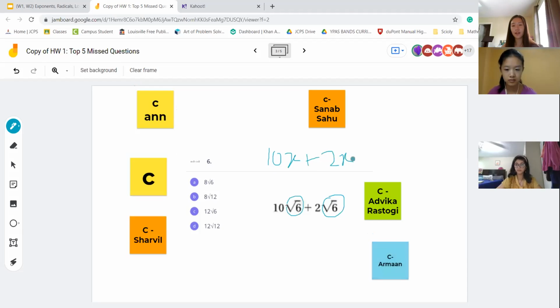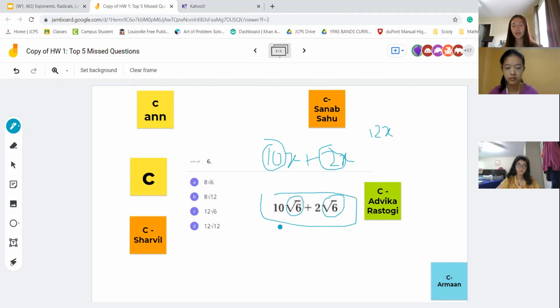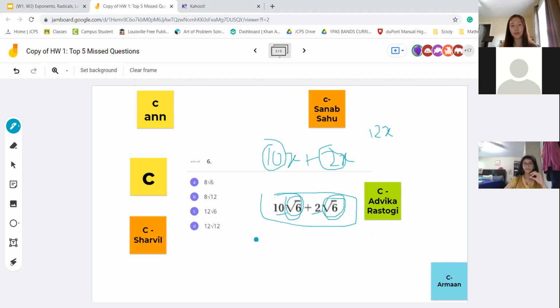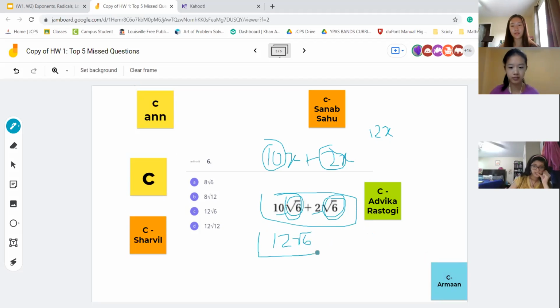Then I just have to add my coefficients together, right? So 10 plus 2 is 12. So 12x would be my answer. And it's the same thing for this actual question. So I see that the radicals are the same, and then I just add my coefficients together. So 10 plus 2 is 12. Then I put my radical at the end. So the answer is C.